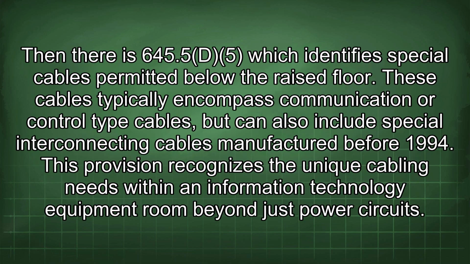Then there is 645.5(d)(5), which identifies special cables permitted below the raised floor. These cables typically encompass communication or control-type cables, but can also include special interconnecting cables manufactured before 1994. This provision recognizes the unique cabling needs within an information technology equipment room beyond just power circuits.